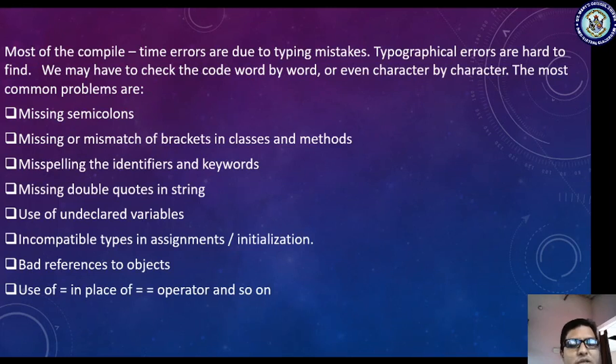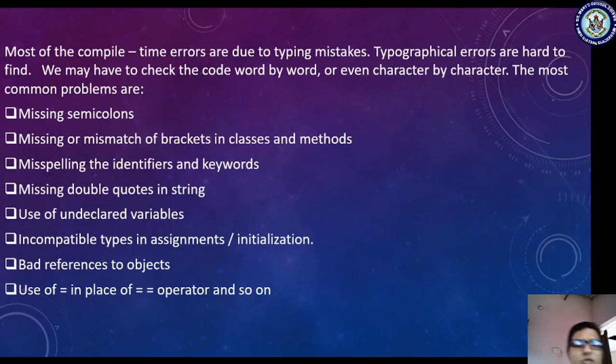And bad references to objects. So you have created the reference objects, and if you try to access them with bad references, then it also gives compile time errors. Use of single equal to in place of double equal to operator, and so on. If you want to compare in the code, you should use the double equal to symbol; if you use a single symbol, then it will show a compile time error.